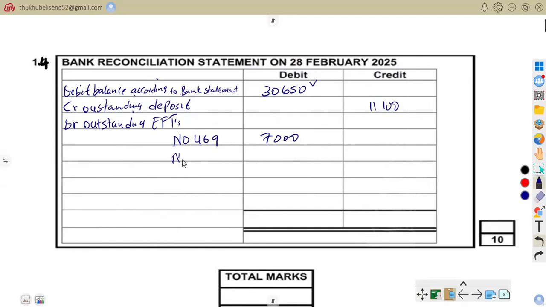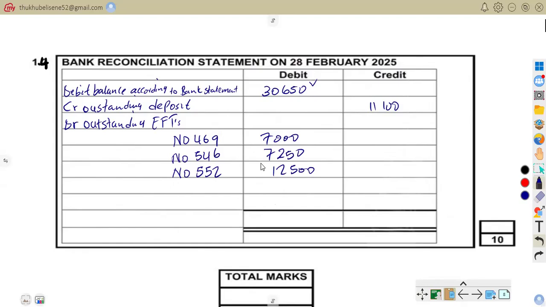We have document number 546 of 7,250. We have document number 552 of 12,500. So that is that.